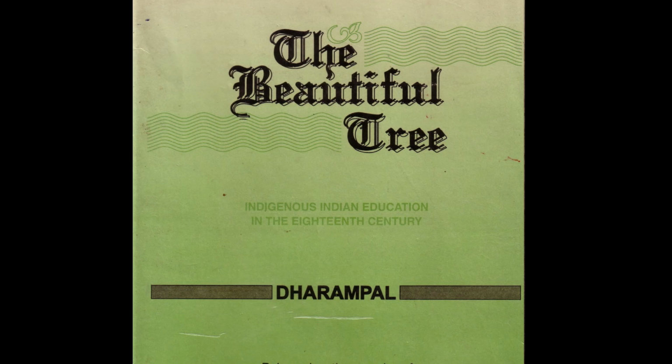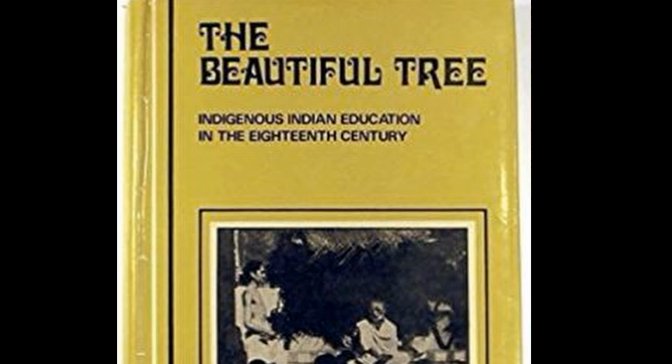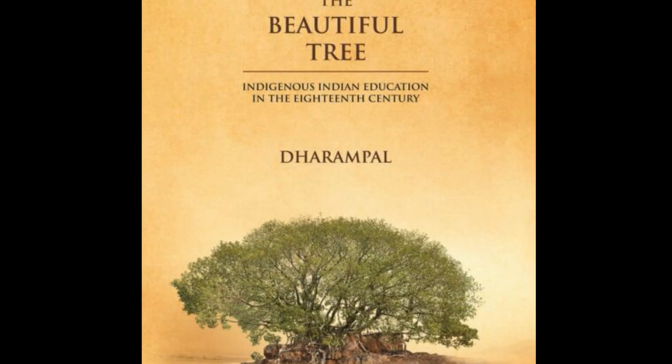And they were all studying subjects like astronomy and medicine. Yes, some of the Vedic studies were partially limited to Brahmin children, but otherwise most of the other subjects were taught across the board to all the people.